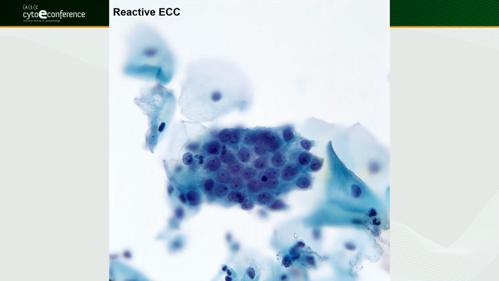Here, compared to the last one, you notice there is an increased NC ratio. There is less cytoplasm now, and even a little bit of crowding. But overall the cells still have round nuclei, prominent nucleoli, and a smooth nuclear membrane, and still a flat sheet-like appearance. So this is reactive endocervical cells.